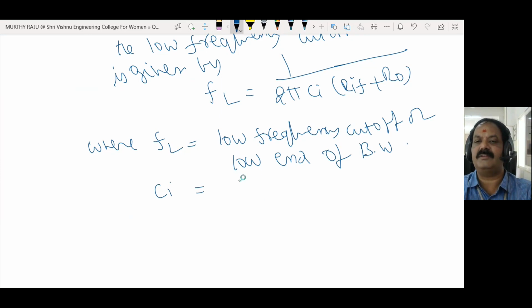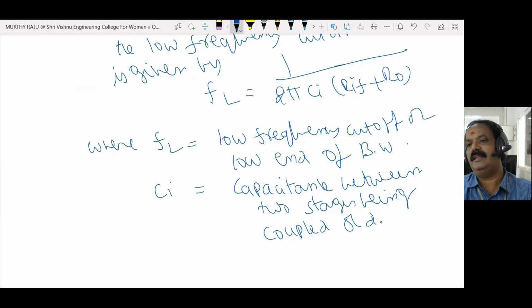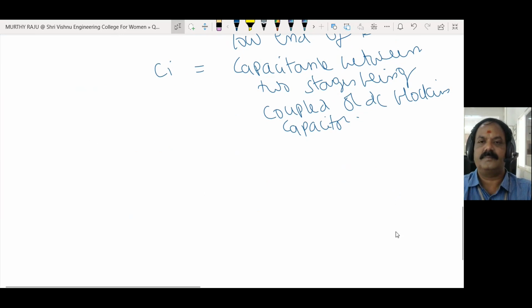CA is the capacitance between the two stages being coupled, or the DC blocking capacitor. RIF is the AC input resistance of the second stage.